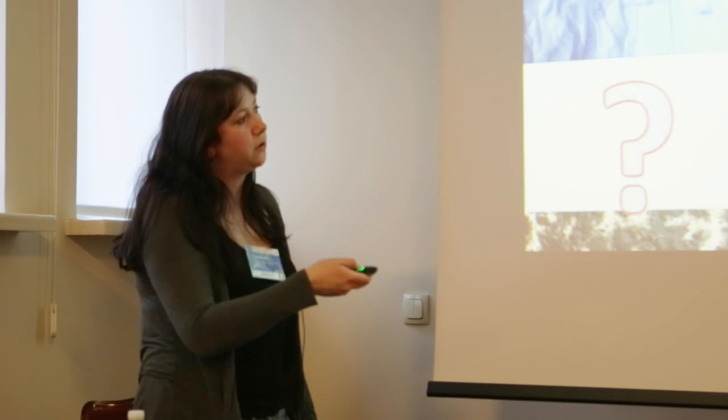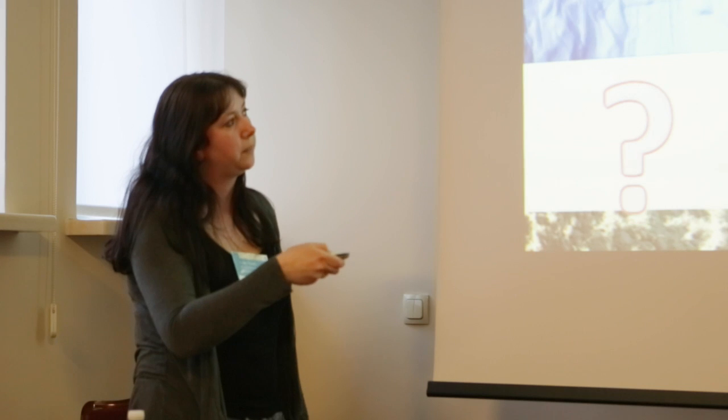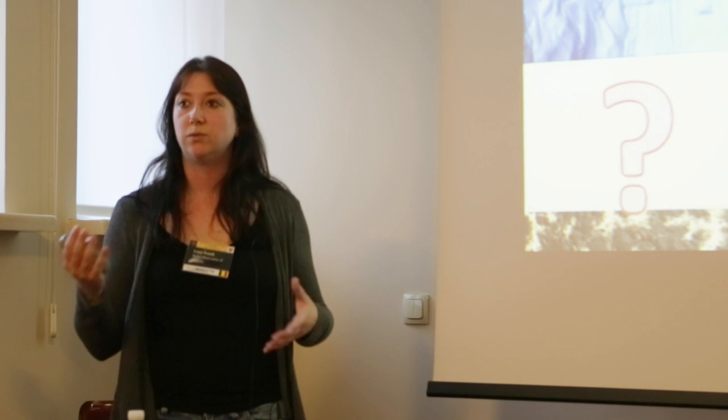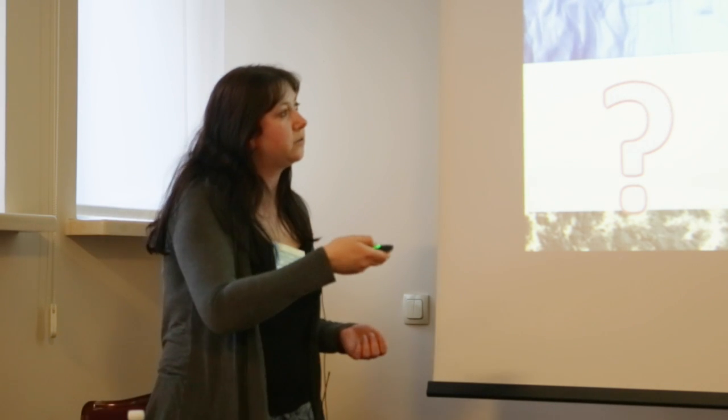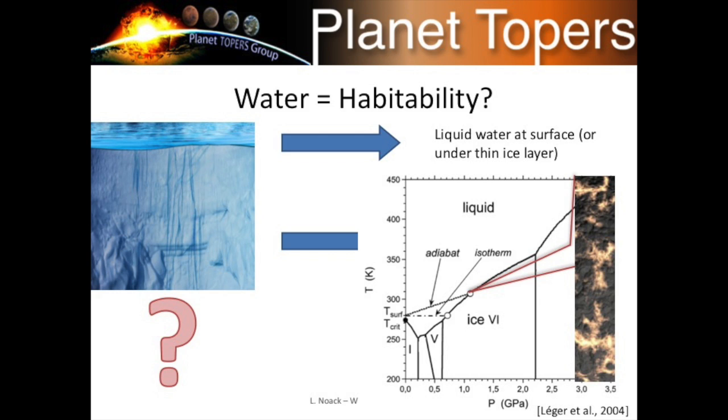Now, if you look at the silicate mantle at the bottom of this high pressure ice layer, there we typically assume that we have radioactive heat sources, maybe even tidal heat sources. What happens then is that you have increasing temperatures in the silicate part, in the silicate crust for example, and if you have ice, then the heat cannot be transported out of the crust very efficiently.